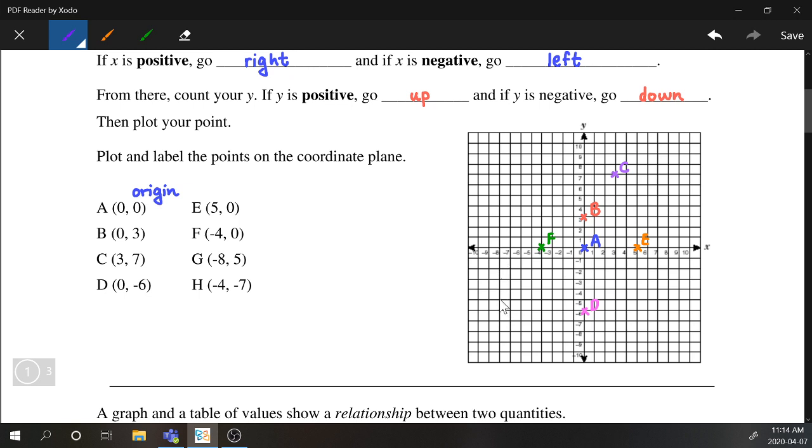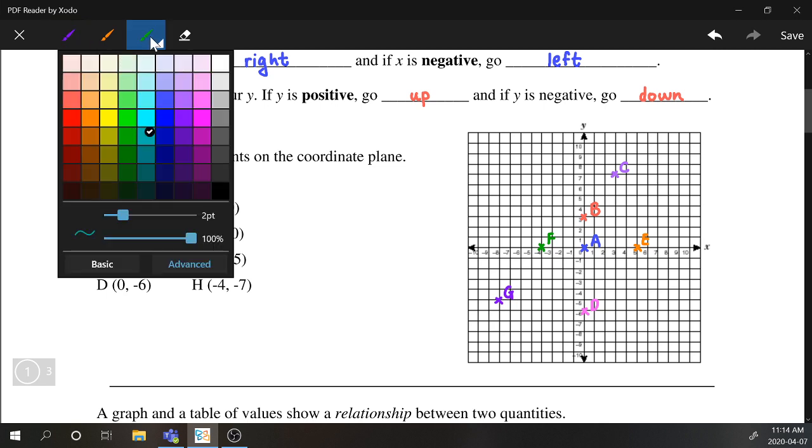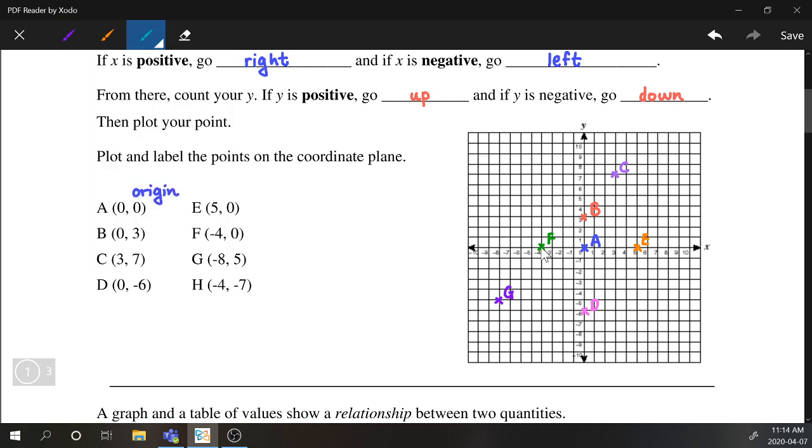And then down 5 spaces. So it'll be here, G. And finally, the last point is H. So negative 4, which we know where that is from F, and then go down 7 spaces. So this will be the point H.